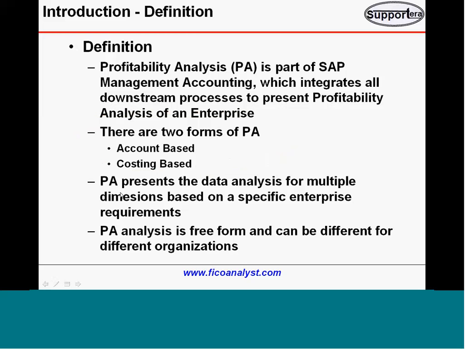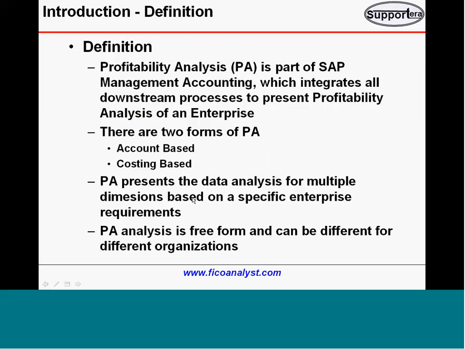Sometimes I use PA, profitability analysis, or COPA, it doesn't matter. This presents the data analysis for multiple dimensions based on specific enterprise requirements.